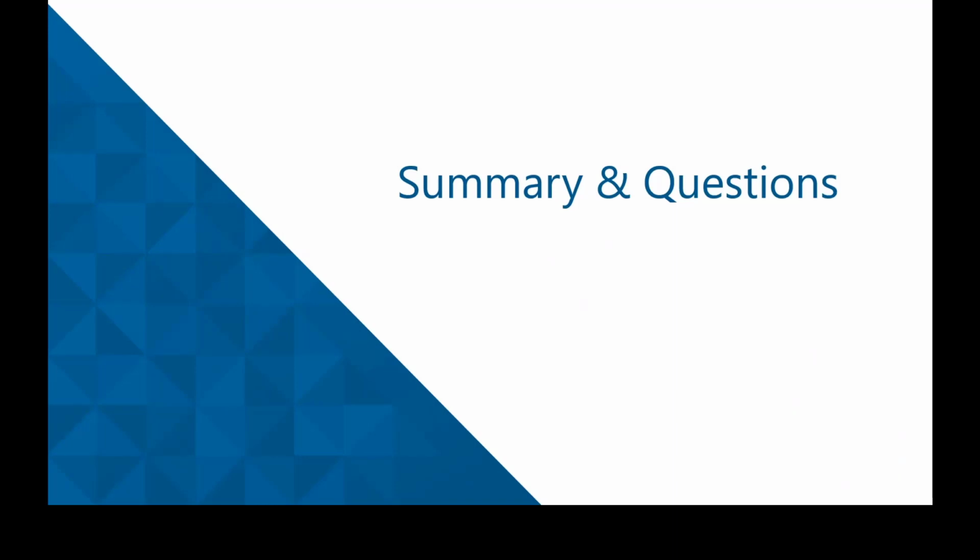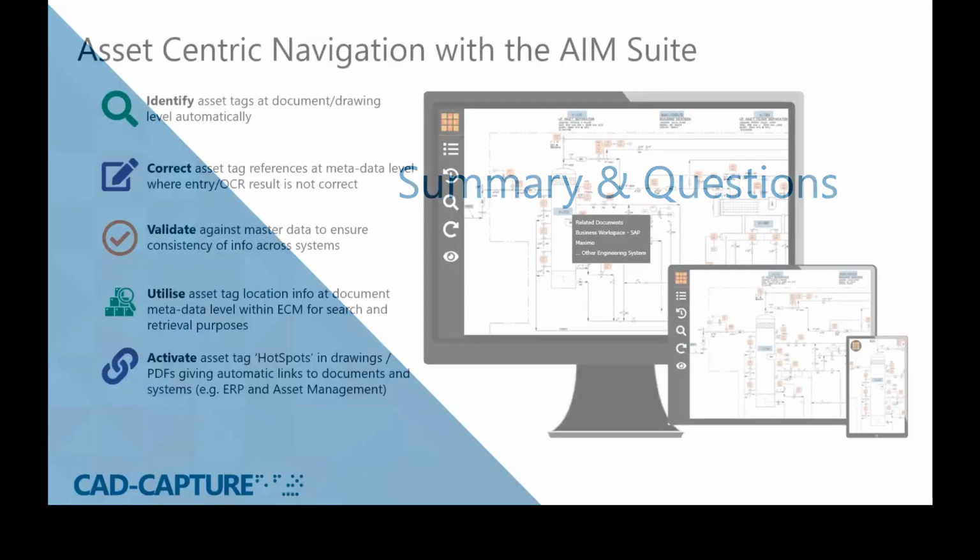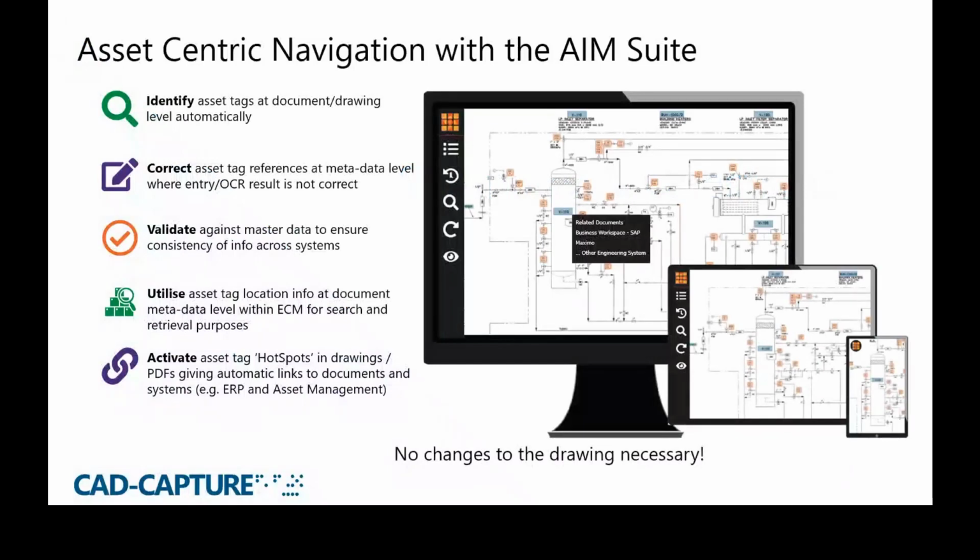Okay, so that was a quick run through of the two capabilities that we deliver as part of the asset-centric navigation solution. Firstly, the extraction of the tags, and then the creation of the hotspots. The ability to identify the asset tags at the drawing and document level automatically is a real differentiator for our solution. And then to take that further and be able to correct them at the metadata level without changing the drawings.